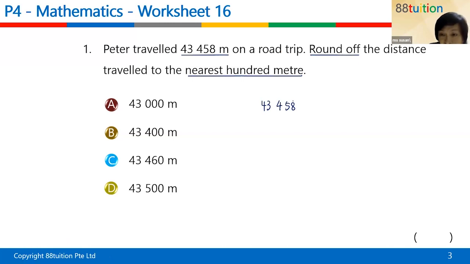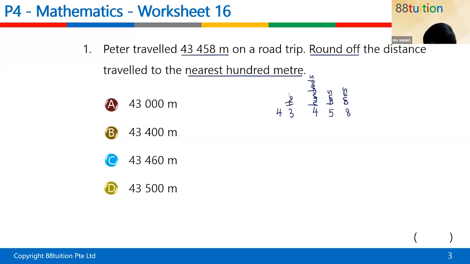Where is the 100 column? Because they want it rounded off to the 100, I give it more space. 43,458. So this is the ones column, tens column, hundreds column.